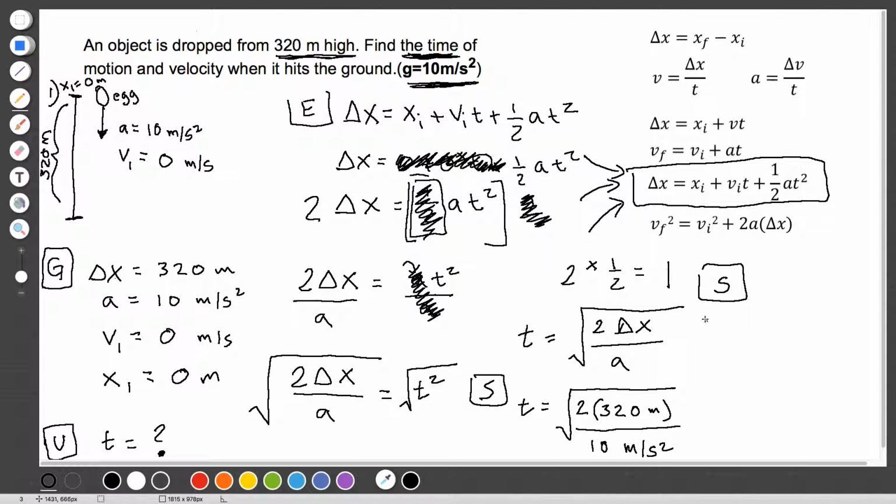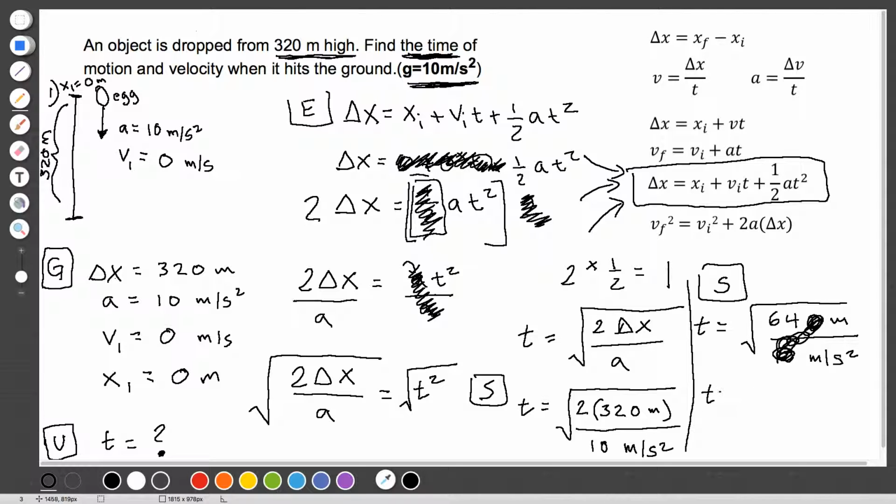So t equals the square root, let's see, of 640 meters divided by 10 meters per second squared. So 640 divided by 10 is the same thing as 64.